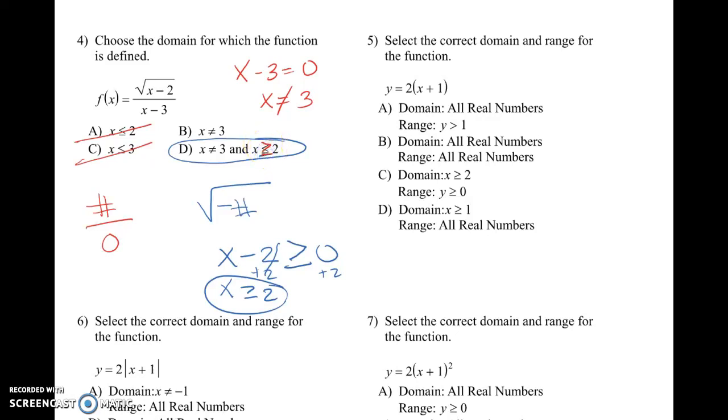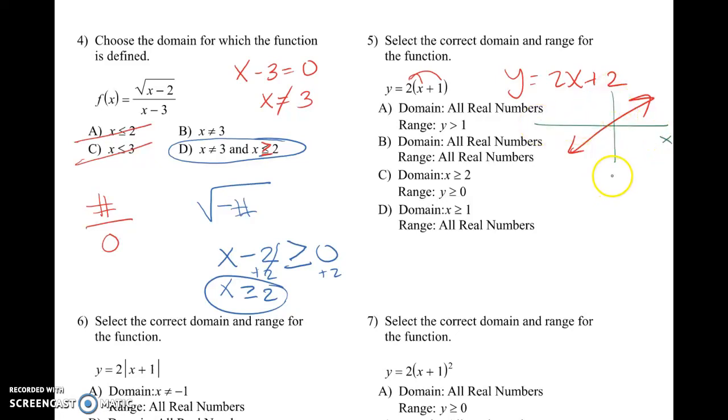All right, number 5. Select the correct domain and range for the function. So I have this function, and I like to think about this as a line. Are there restrictions on what x and y can be?